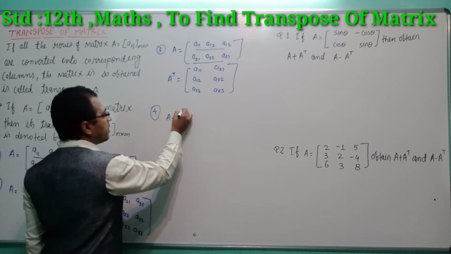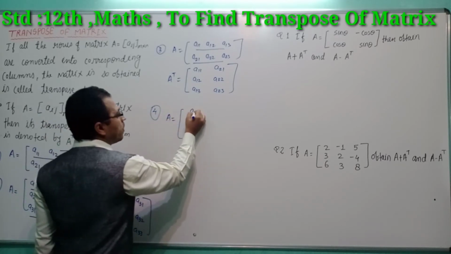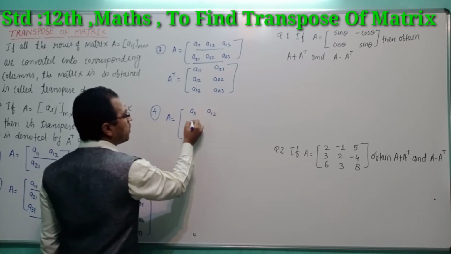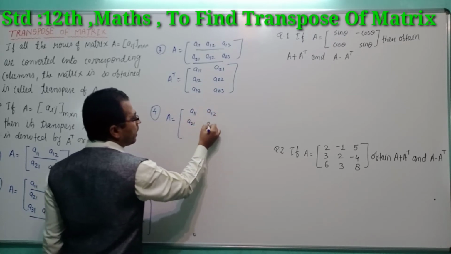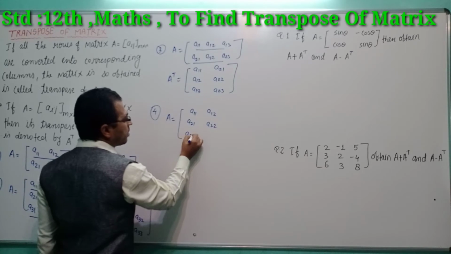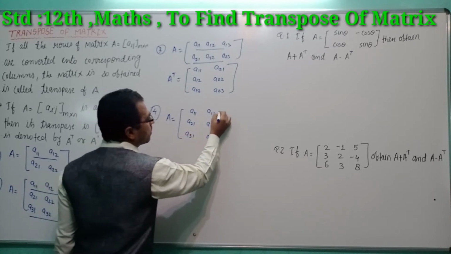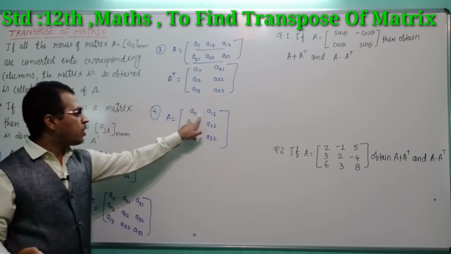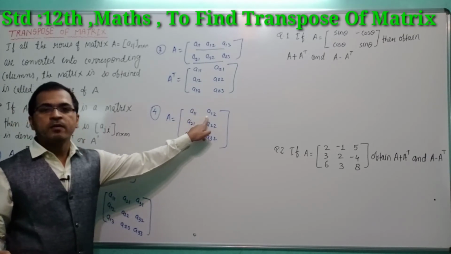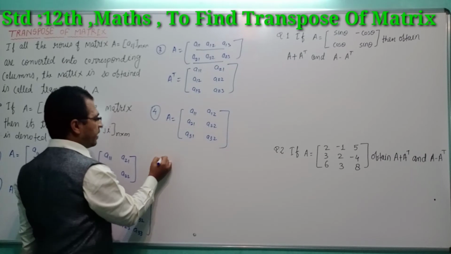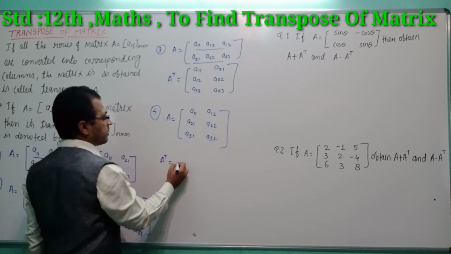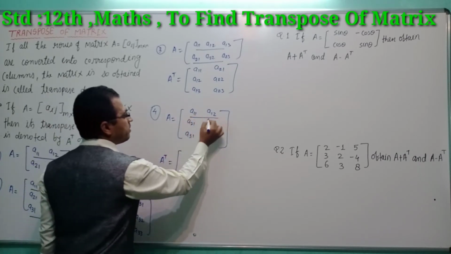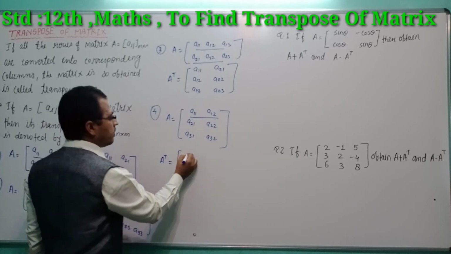Suppose a matrix A11, A12, A21, A22, A31, A32. Right students, now this matrix is to be converted, the column will be converted into row and row will be converted into column. So A transpose of this matrix, these will be converted into column.